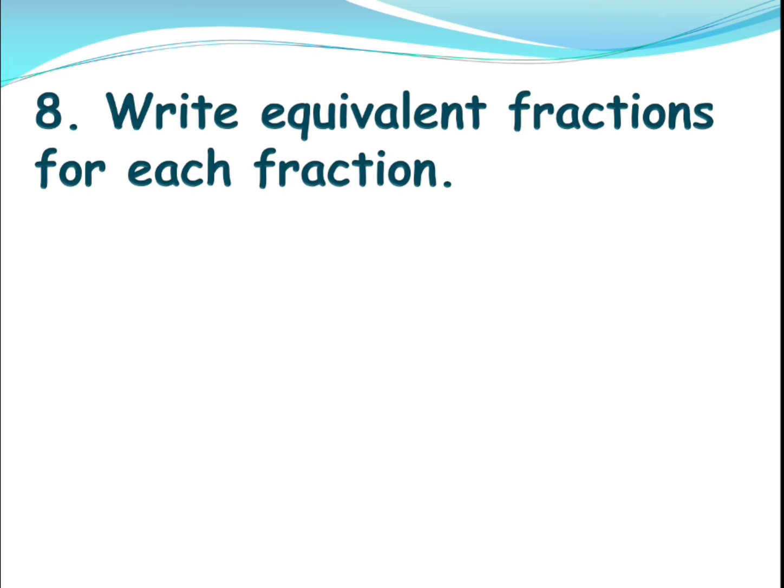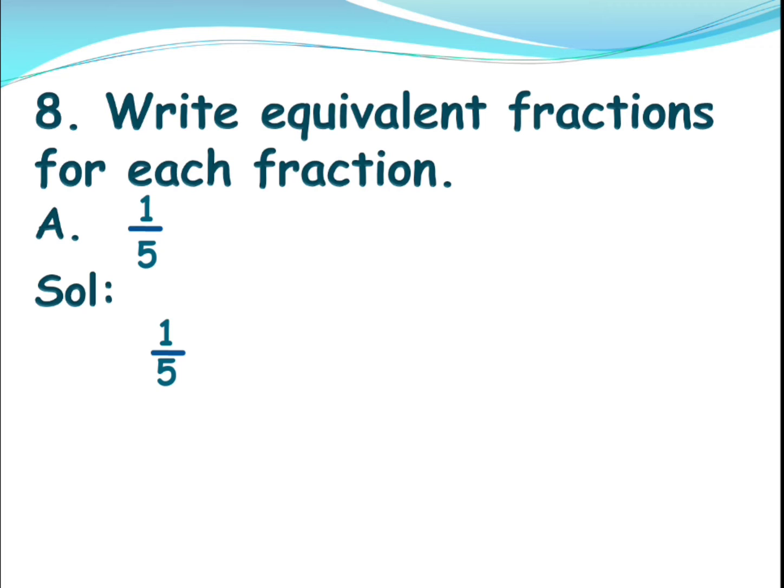Like how? Let's see. So the fraction here they have given as 1 by 5. Isn't it, children? So for this 1 by 5, in numerator you have 1 and in denominator you have 5. So one number should be multiplied for numerator and denominator.